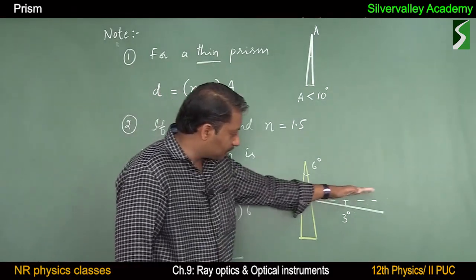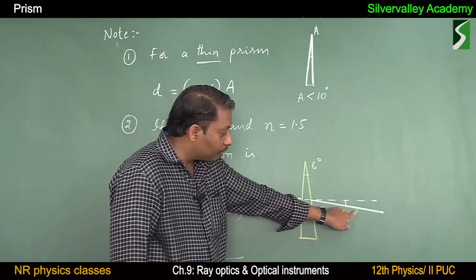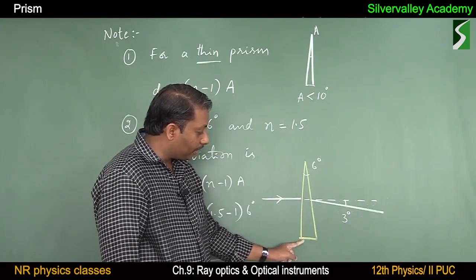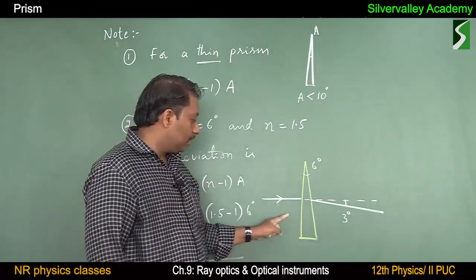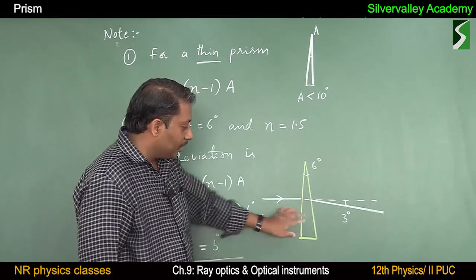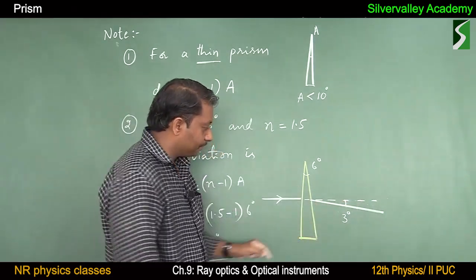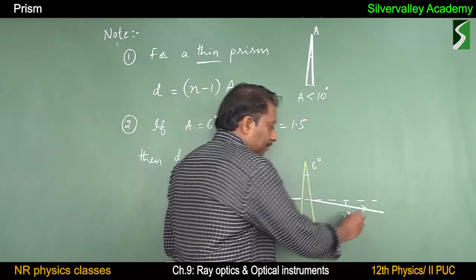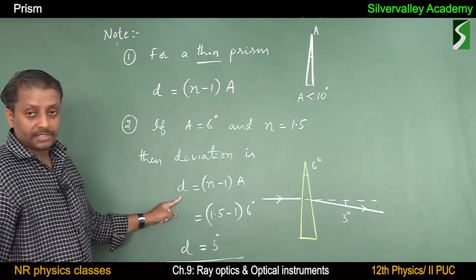So instead of traveling straight, there is a bend of 3 degree. And this bending should always be towards the base, provided refractive index of the prism is greater than refractive index of the outside medium. If it's a denser medium, the ray should bend towards the base. So this is the refracted ray. So this is how we can use the expression for deviation.